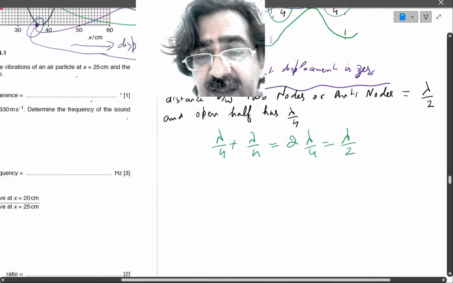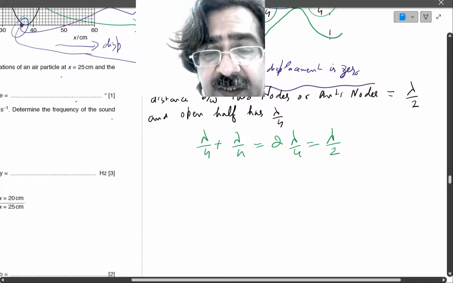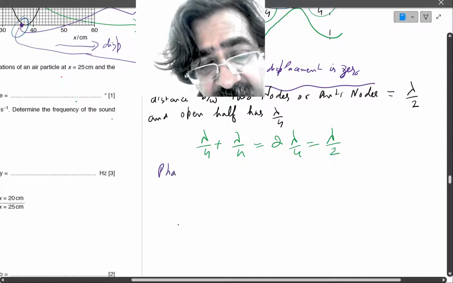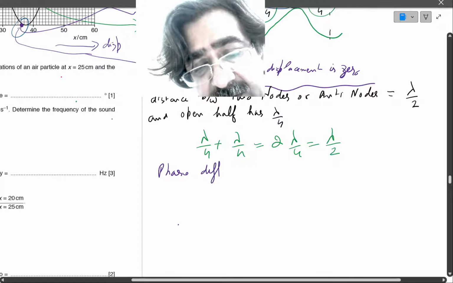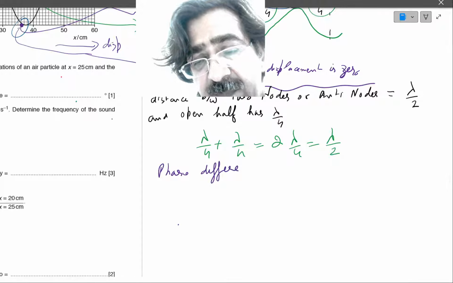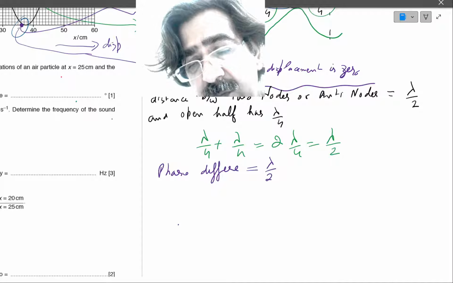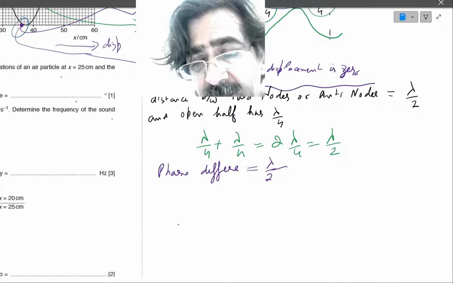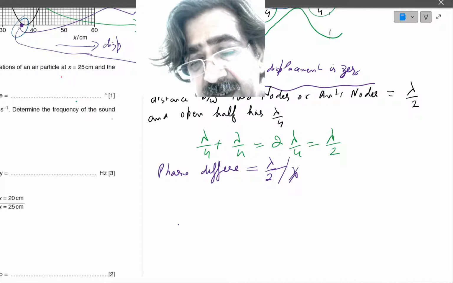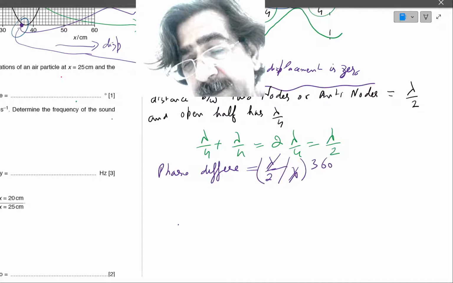So that will be the half length, and the phase difference will become lambda by 2 divided by lambda, multiplied by 360.